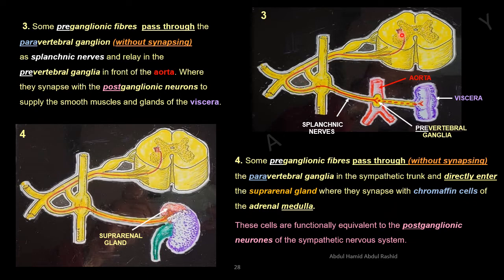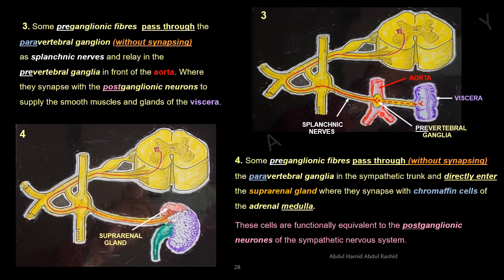So these first order neuron fibers, after coming along the root and trunk and ventral ramus and white rami communicant, once they reach the ganglia, do not synapse, do not go up, do not go down, but go through this ganglia and go through the splanchnic nerves here.